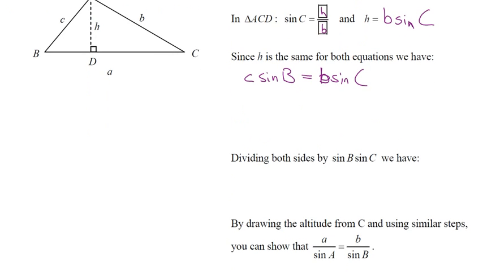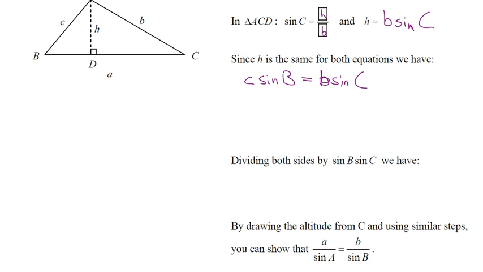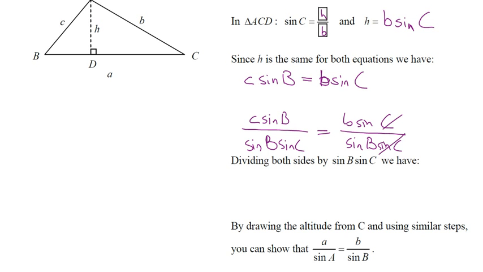Since h is the same, c sine B equals b sine C. If we divide both sides by sine B times sine C, what we're going to get is c sine B divided by sine B sine C is equal to b sine C divided by sine B sine C. We end up with c over sine C is equal to b over sine B.